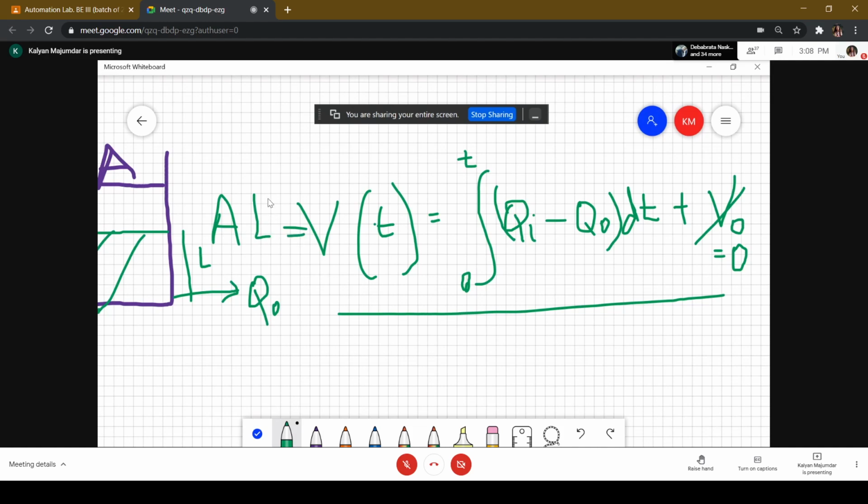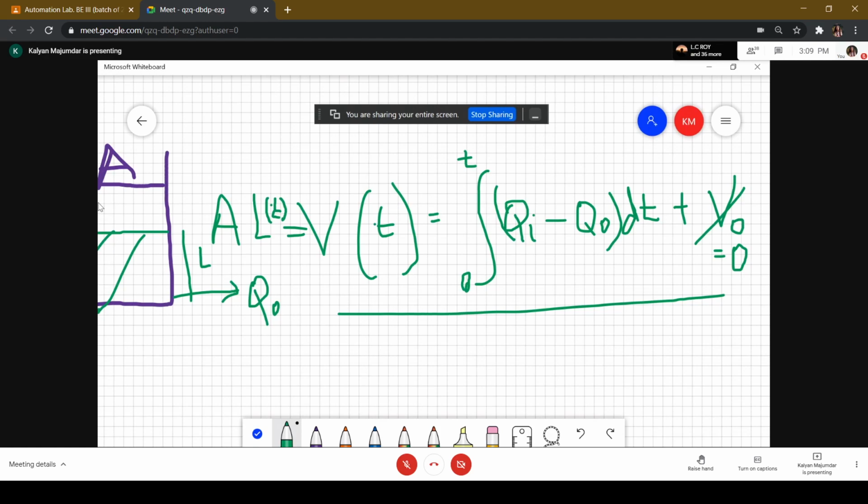So A is a constant, so level at any instant of time t is related to the integration of Qi minus Q0, inflow minus outflow rate, where Qi is the inflow and Q0 is the outflow. So this integration is being carried out by the tank.